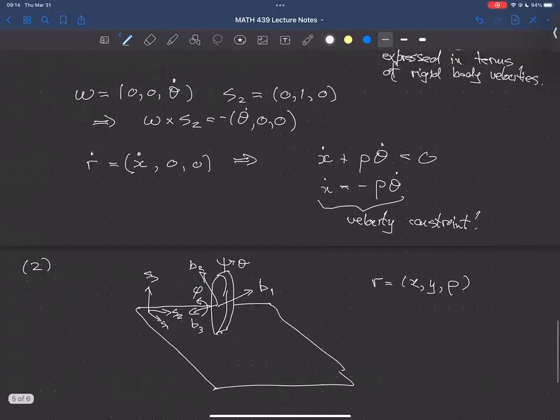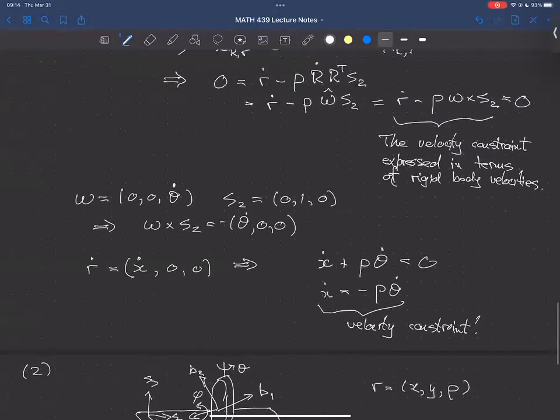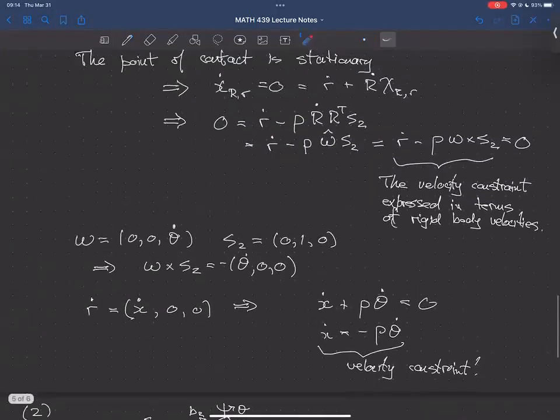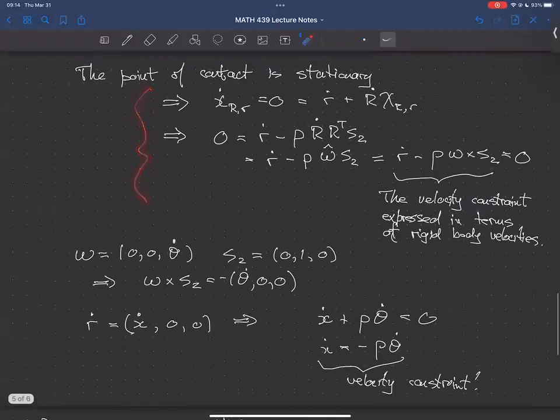So you can go through a process which is just exactly like I did here. There are going to be some changes in detail, and the only real change is this point. Instead of being x, 0, 0, it's going to be x, y, 0.